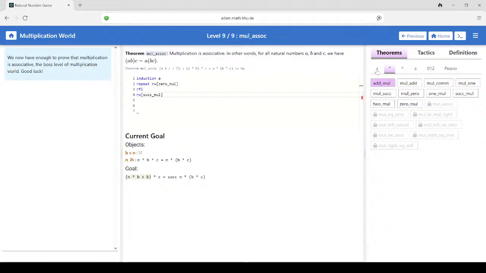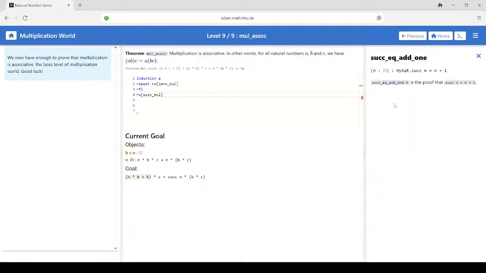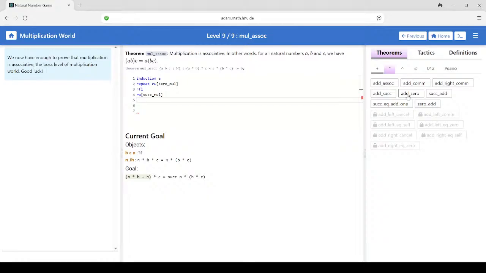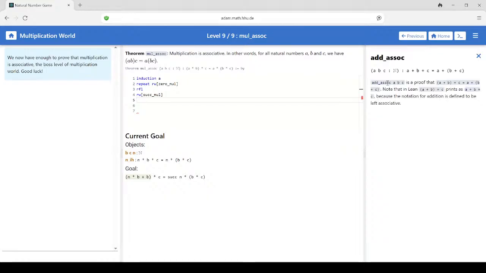Can I do something with the addition? What can I do? Would that do anything?